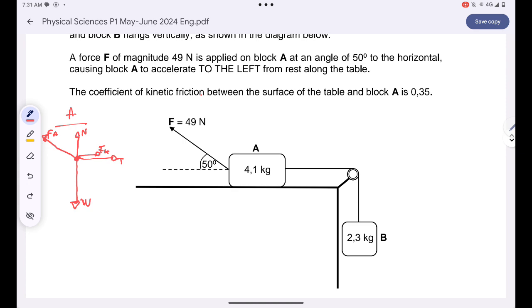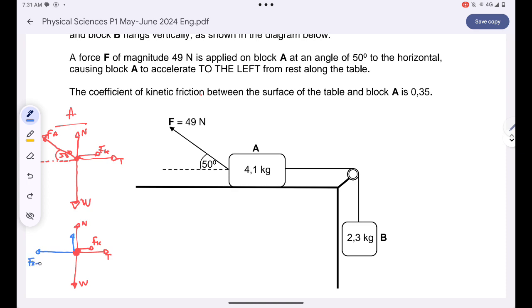You can draw your free body diagram like this, or draw the one that has the components of your applied force. Remember that, guys, your applied force was applied at 50 degrees, né? The one that has the components will simply look like this. Yes, you'll still have your normal force, your kinetic friction, your tension, your weight, and then there is both the horizontal component of my force and the vertical component of my force, né?